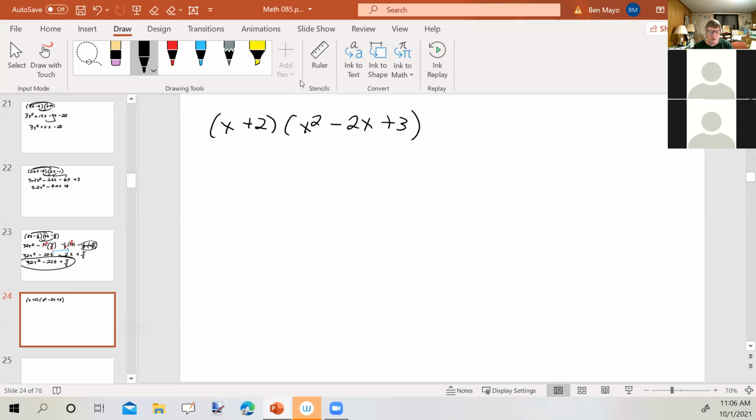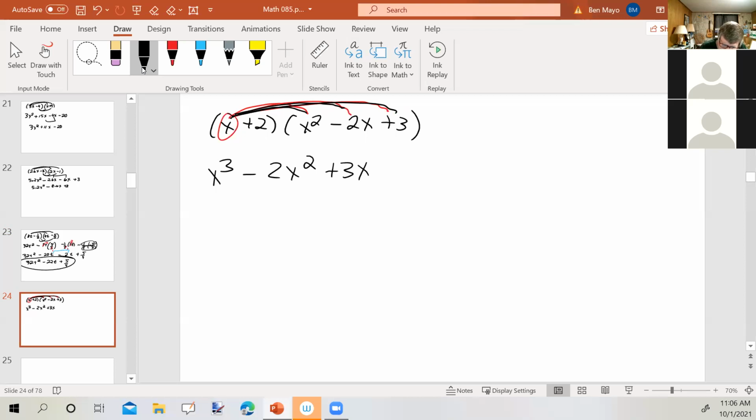So rather than calling it FOIL, I'm going to just start with the first term in the first factor, and multiply it by each term in the second factor. So x times x squared is x cubed. x times minus 2x is minus 2x squared. x times 3 is plus 3x.